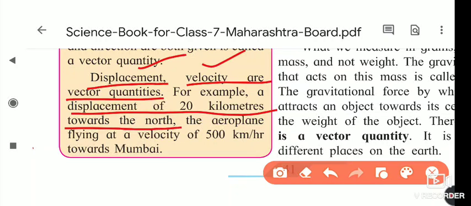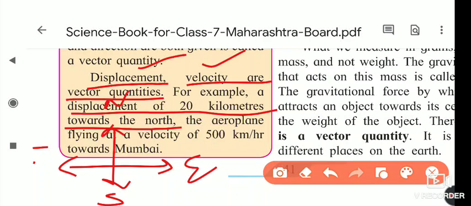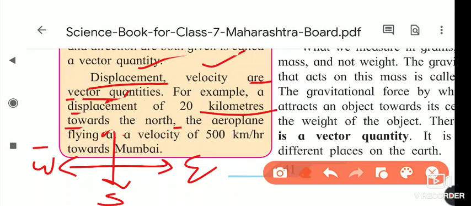Displacement means this is the original place, and as you know, these are the directions: upside is north, south, that is east, and that is west. So when that person is displacing 20 kilometers towards the north direction, we understand where he is going, towards which direction.